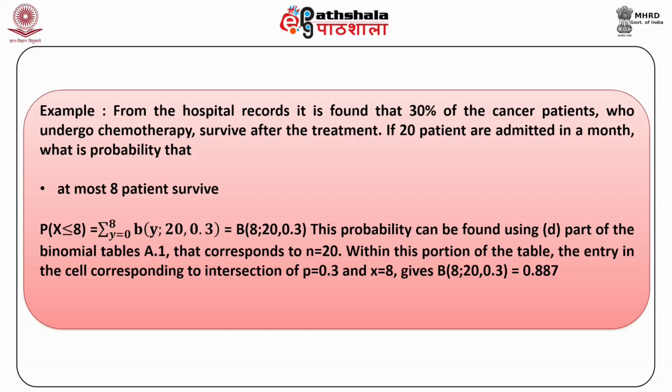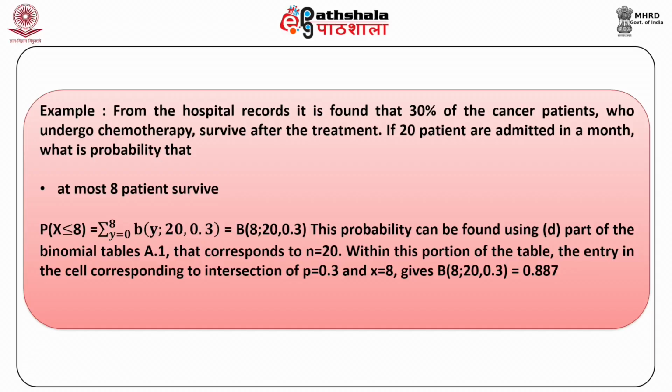Now this is equal to capital B, 8, 20 and 0.3. So how do you read this? This basically means that we are saying it is a cumulative distribution function of 8 as the variate value and 20 as the number of observations n and 0.3 as the probability of success.